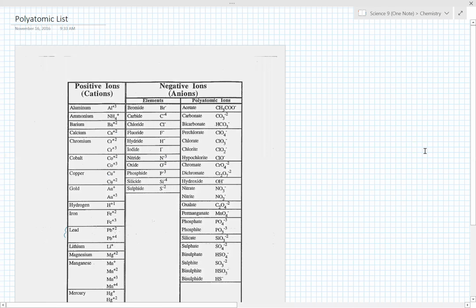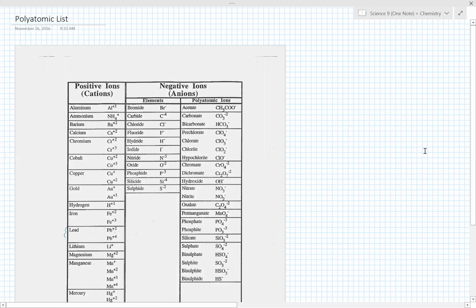You will also find this list on the back side of your periodic table. On the left-hand side under positive ions, you will notice cobalt has 2 choices. Copper, there are 2 choices. Iron, there are 2 choices. To distinguish which choice we are using, we have to use Roman numerals.